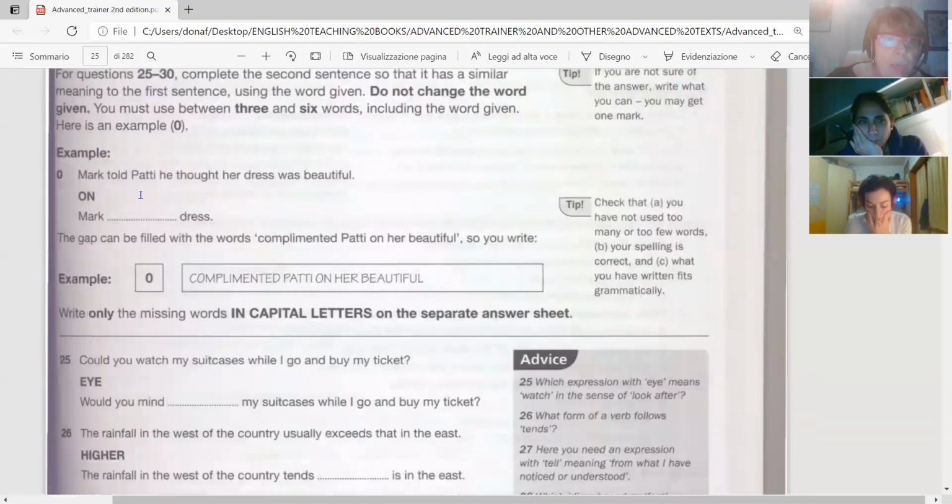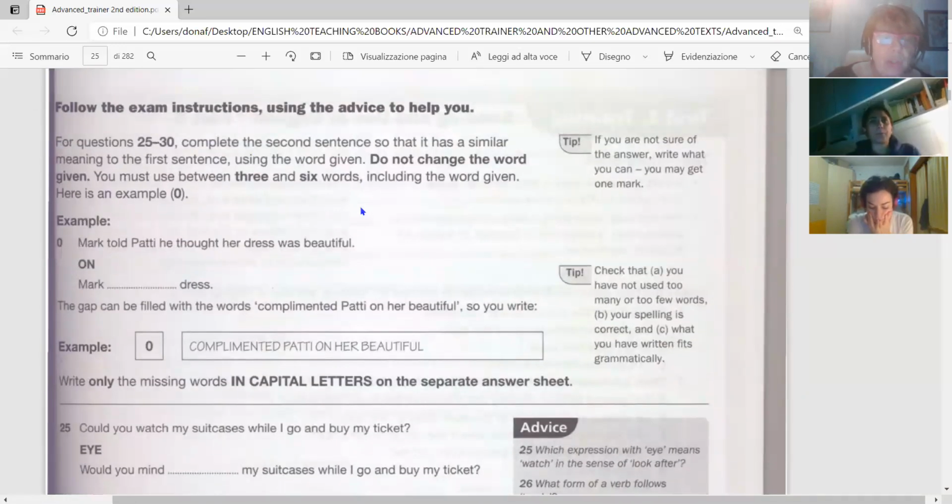Now, Francesca, read the instructions again so that you understand them. Follow the exam instruction, using the advice to help you. For questions 25 to 30, complete the second sentence so that it has a similar meaning to the first sentence, using the word given. Do not change the word given. You must use between 3 and 6 words, including the word given.